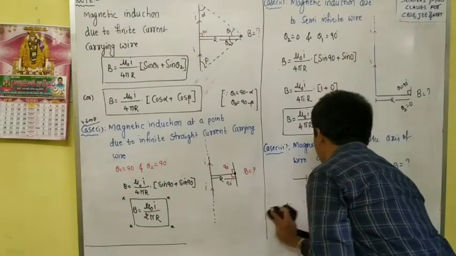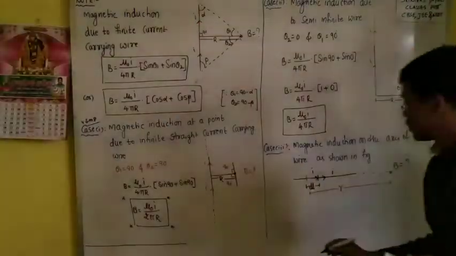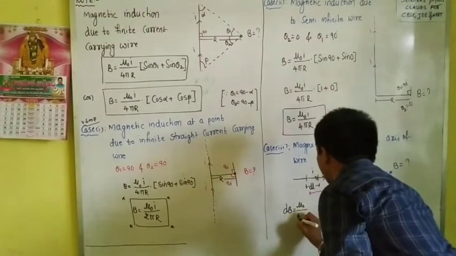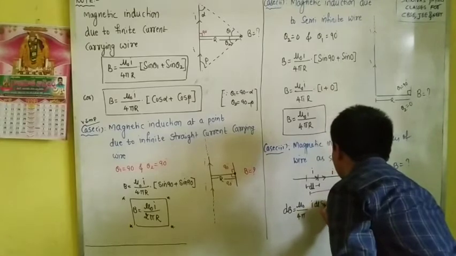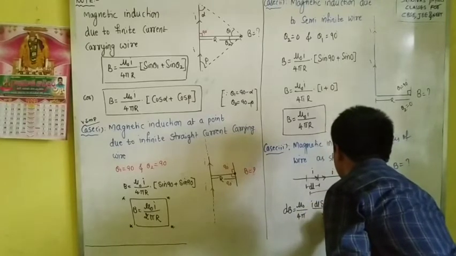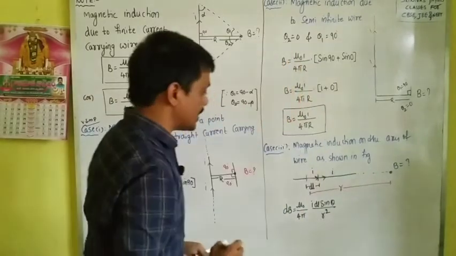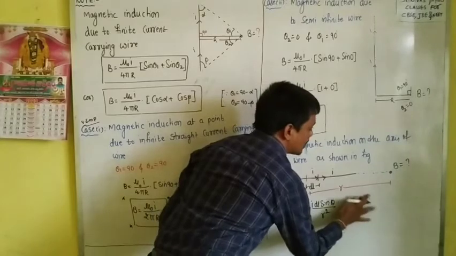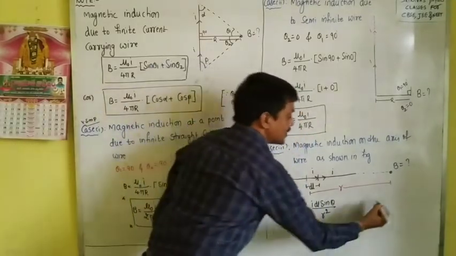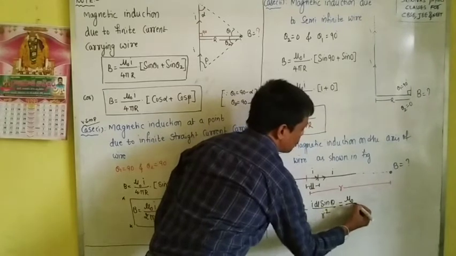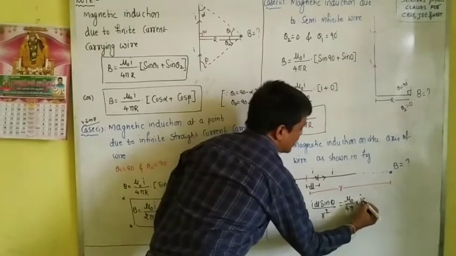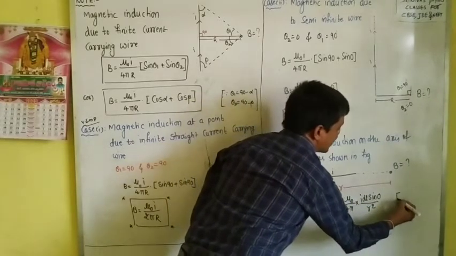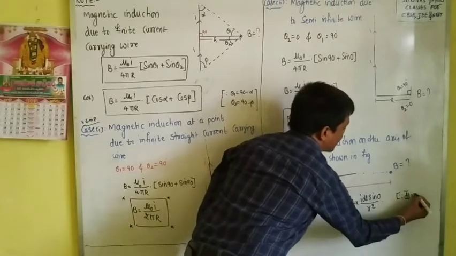According to the Biot-Savart law, the dB formula is mu naught by 4 pi into I dl sin theta by r square. But from the figure, dl bar is parallel to r bar, so theta is 0, and we write mu naught by 4 pi into I dl sin 0 by r square. Why do we write sin 0? Because dl bar is parallel to r bar.